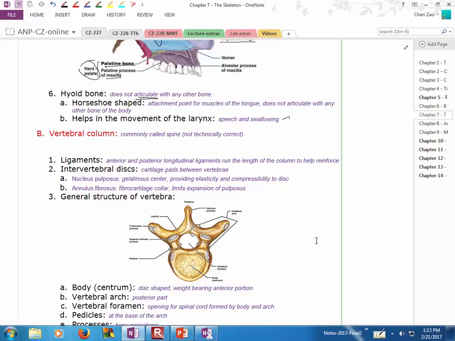Now, it's an interesting collection of 26 irregular bones. And they are all designed to protect the spinal cord.